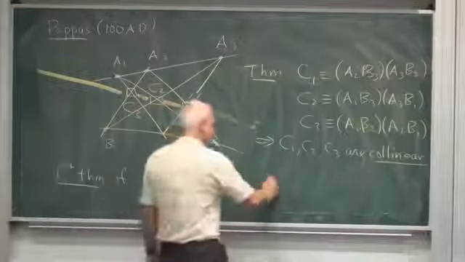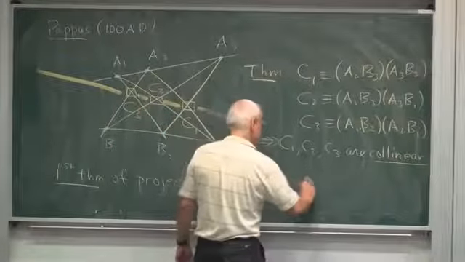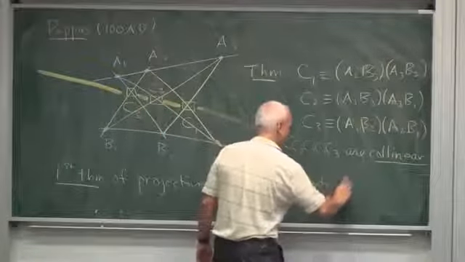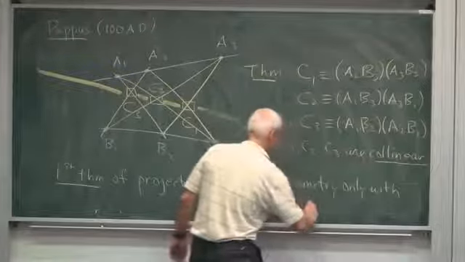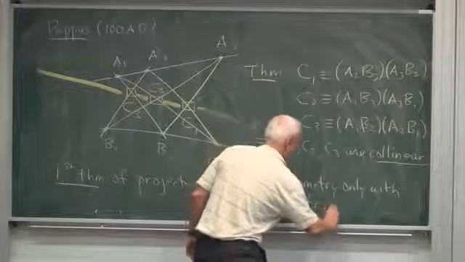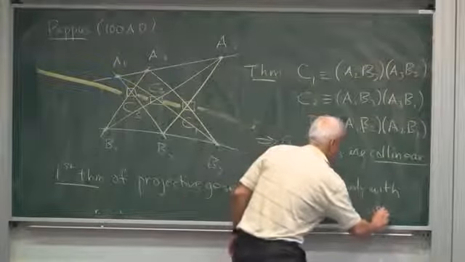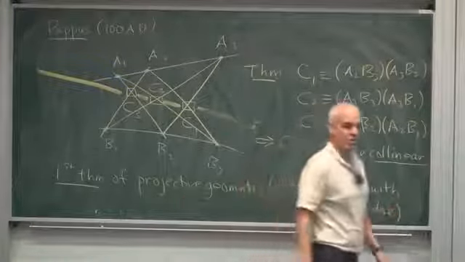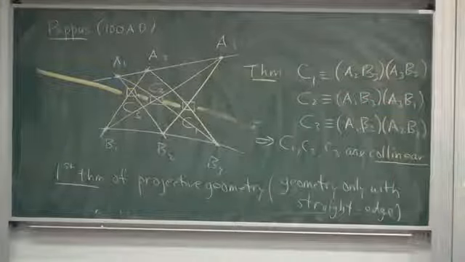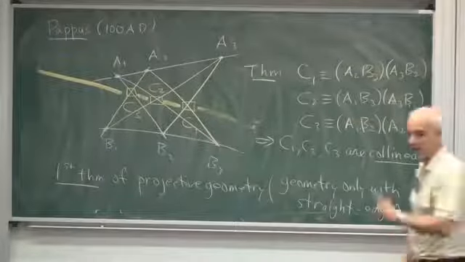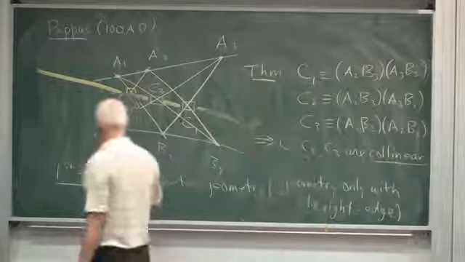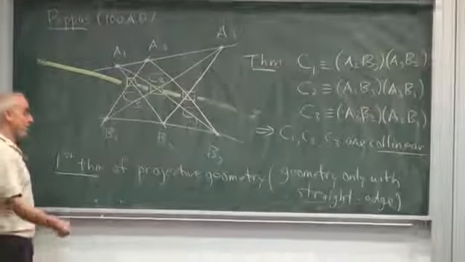It's a geometry only with a straight edge. No compass, no measurements. Just what can you say if you have a pencil and a straight edge? Not a ruler, just a straight edge. It turns out you can say a lot. And this is the first theorem, and it also turns out it's probably the most important.